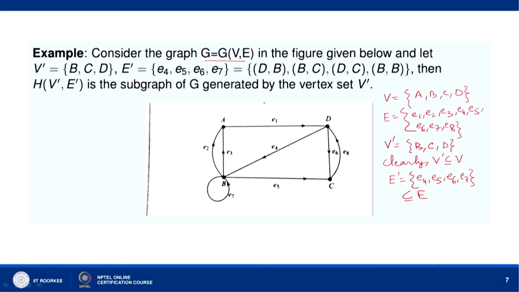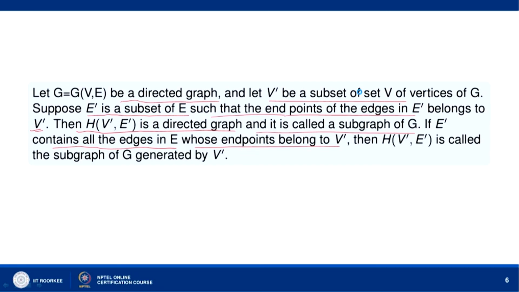Now, we have to show that H B dash E dash is the subgraph of G generated by the vertex set B dash. Let us go to the definition of subgraph of G generated by B dash. Here we say that H B dash E dash is a directed graph and it is called a subgraph of G, that we have seen.